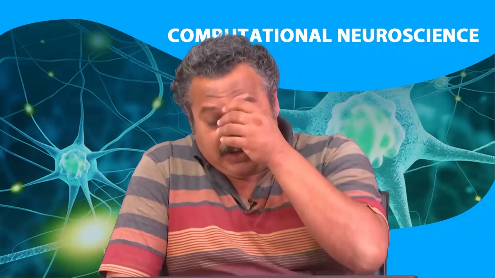So let us go to our examples that we have done so far with long-term plasticity and long-term depression, short-term plasticity, both of them together. We will consider one example.